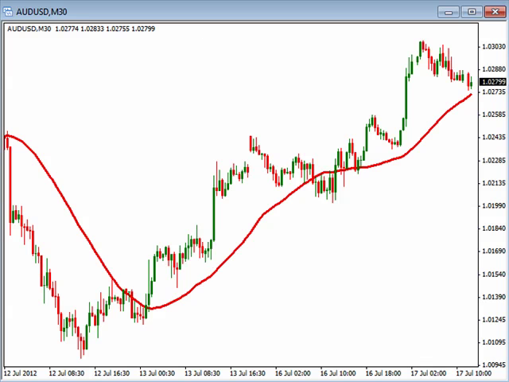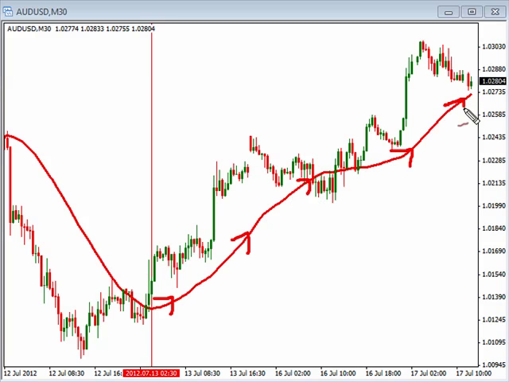And you can see from roughly this point here to where we're at right now, the trend has been moving up. The moving average turned and started to point up here, and really has been moving up all along that level there.